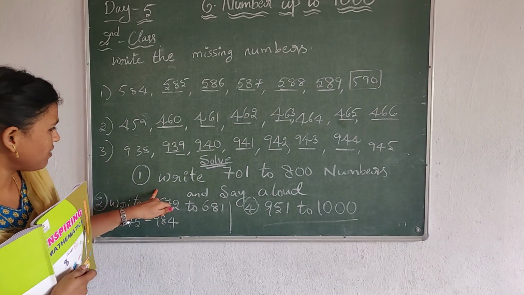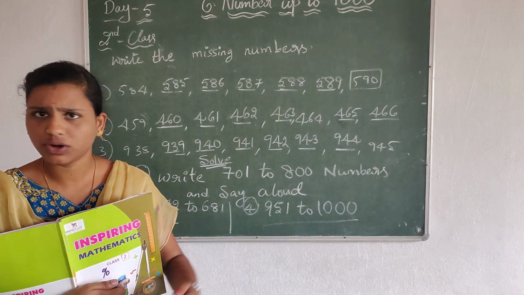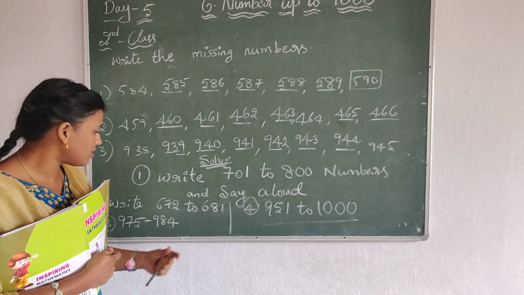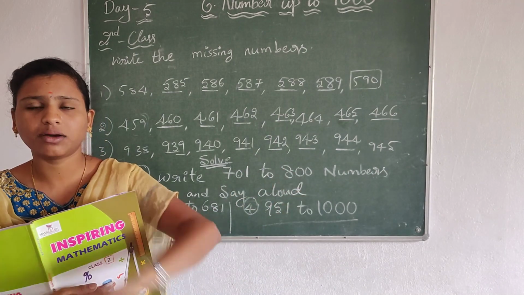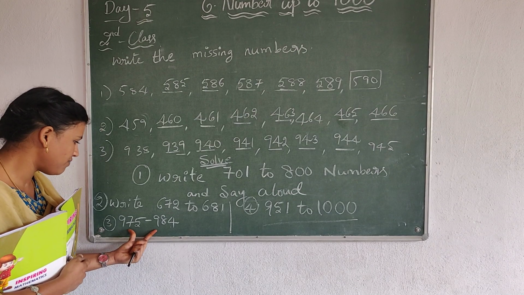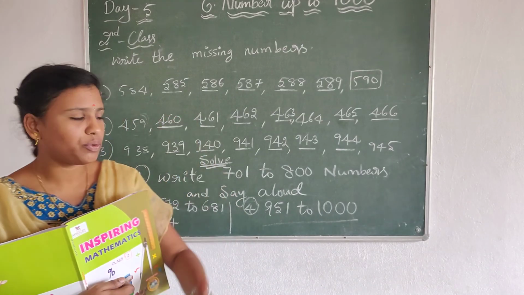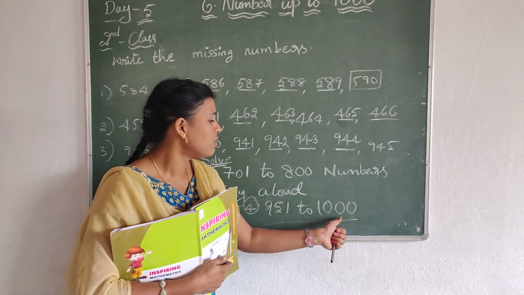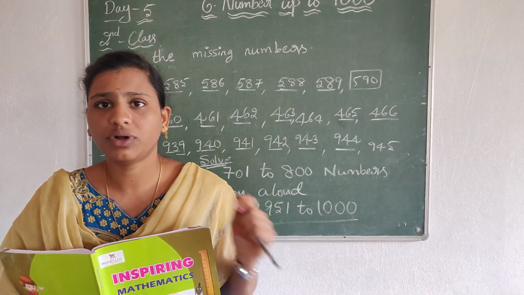In the first one, you write 701 to 800 numbers in a book and read loudly. The second one is 672 to 681. Write down the numbers in between and read loudly. The third one, 975 to 984. Write down and read loudly. The fourth one, 951 to 1000. Write down in your book and read loudly.